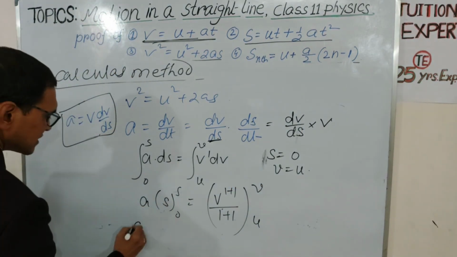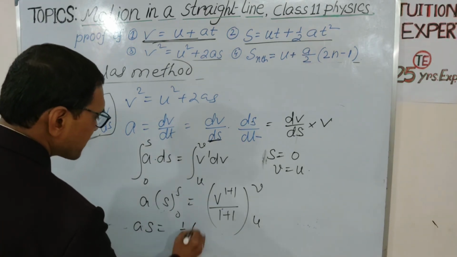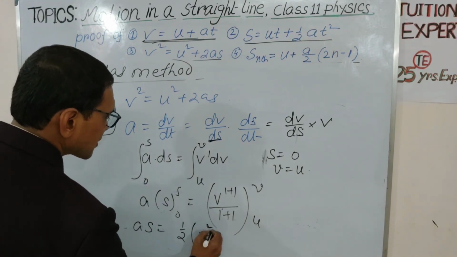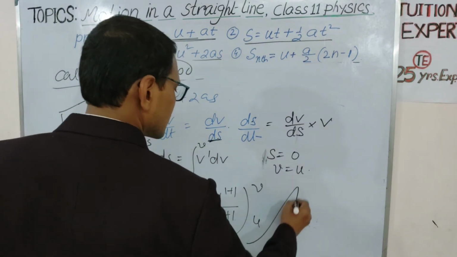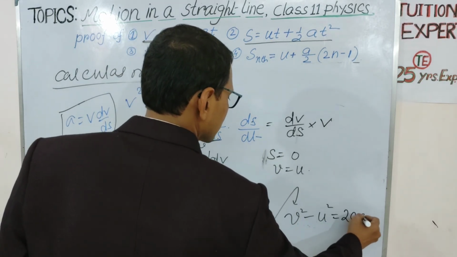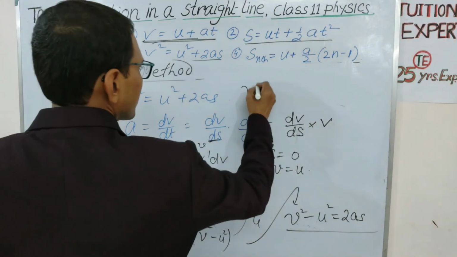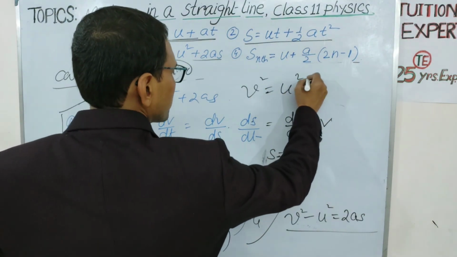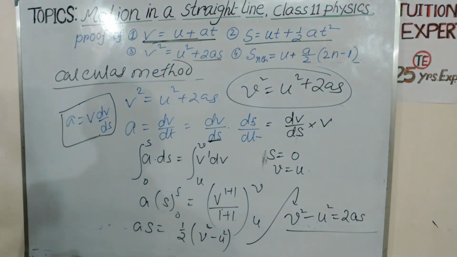Now a into s equals half v square minus u square. So v square equals u square plus 2as. By calculus, this is true.